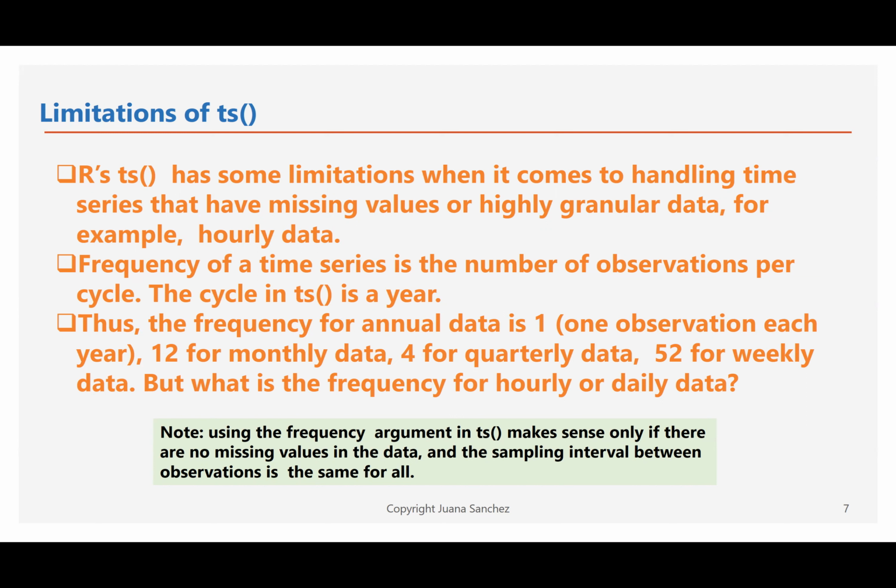That is, if you have weekly data, it is one observation every week. If you have monthly data, one observation every month. If you have data such that you have an observation 1 week and then the next observation is 3 weeks later and the next observation is 2 weeks later, that's going to ruin the use of TS for your data formatting.